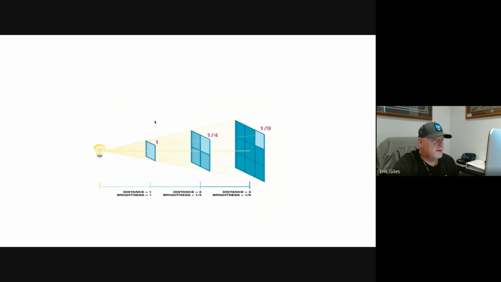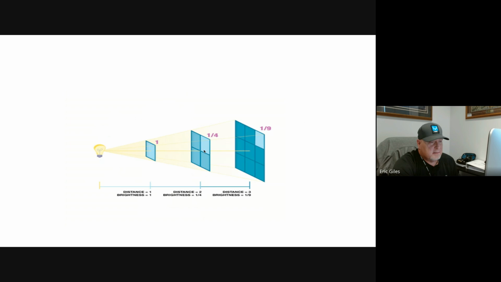Okay, we also talked about the inverse square law, which basically states the further you get away from the source of the X-ray, the less energy is going to be there. So at one-on-one, 40-inch distance, it's going to be the energy that comes out of the X-ray tube.